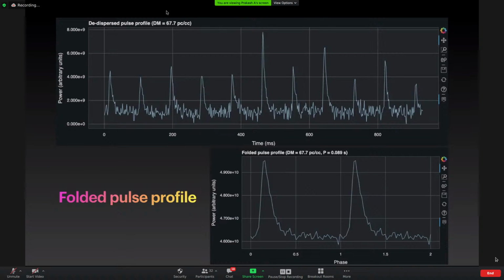In principle, you can correct for dispersion effects to a great level, to the extent that completely undoing the dispersion effects is possible, by methods like coherent dedispersion, which are applied before you take the modulus square of the data. Those are like correcting for the phase changes that have occurred across frequency accurately, and you can get very high time resolution.